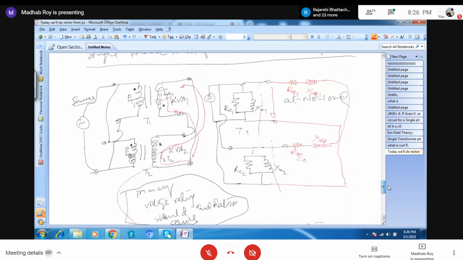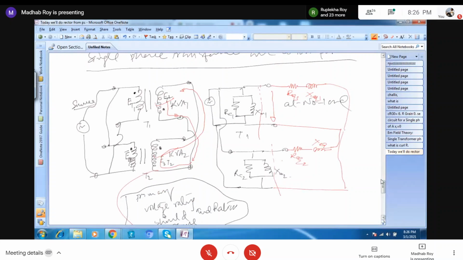So for the parallel operation, the voltage ratio of the secondary should be the same, primary to secondary. That means if the ratio is 1:2, then the other transformer also should have 1:2. And if the primary voltage is rated, then the secondary voltage will automatically be rated.